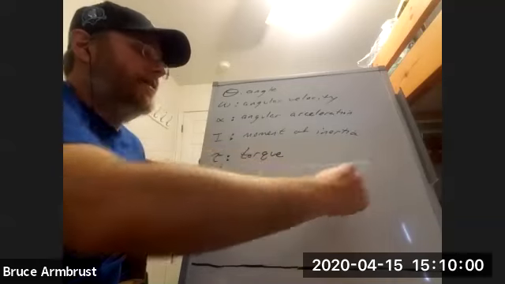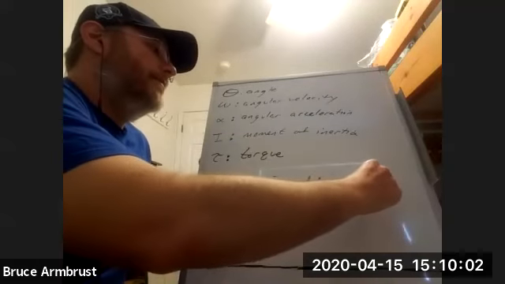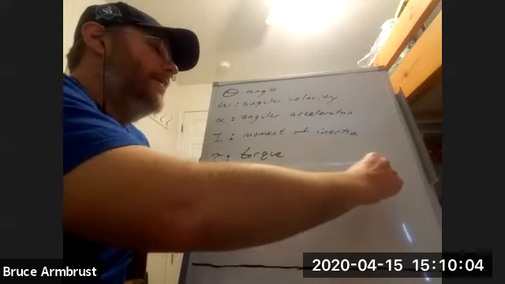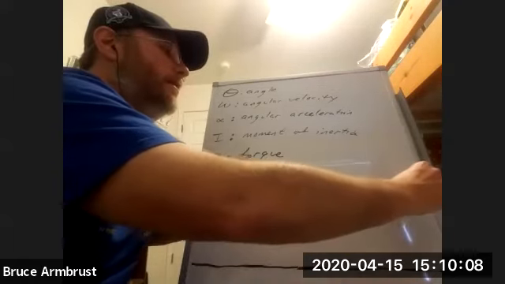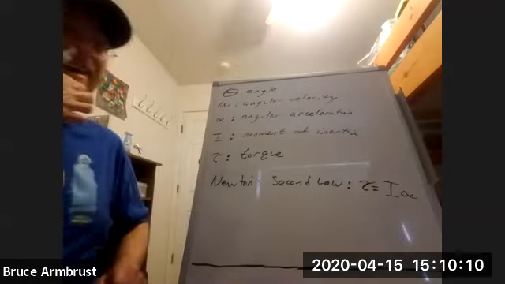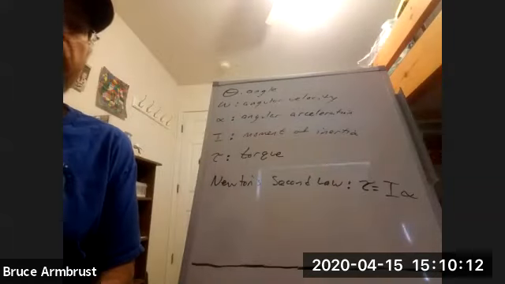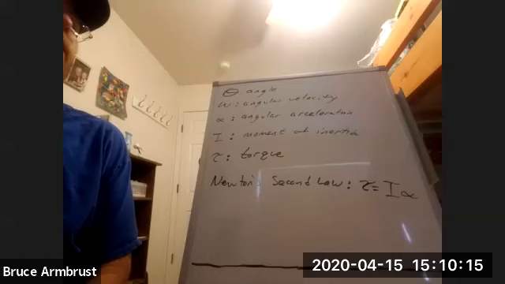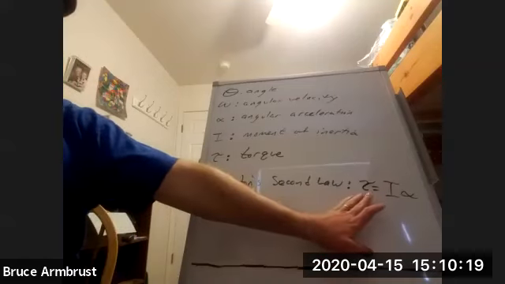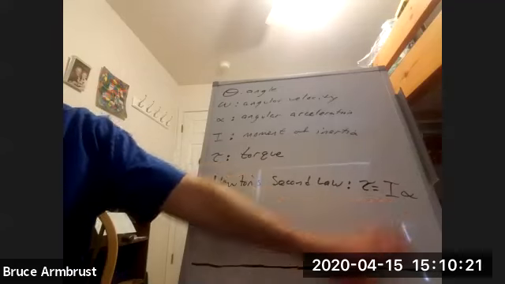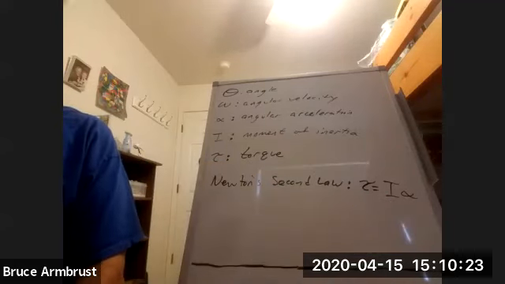In the case of angular stuff, instead of F equaling ma, we have tau, so torque, equals I times alpha. So to find what kind of angular acceleration we have, we look at the different torques and then figure out the moment of inertia and divide by that.